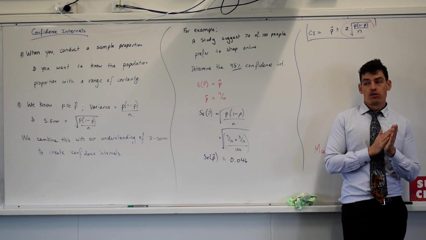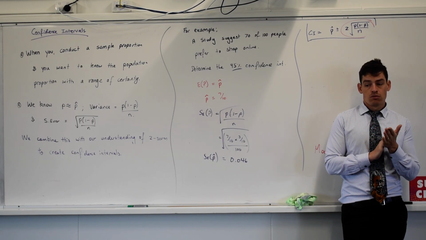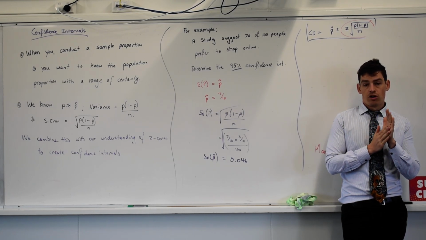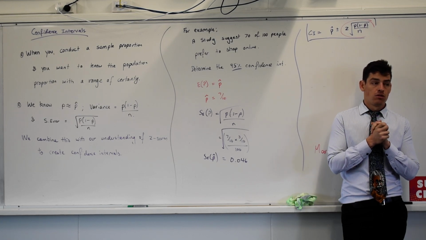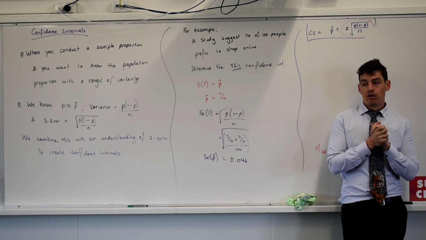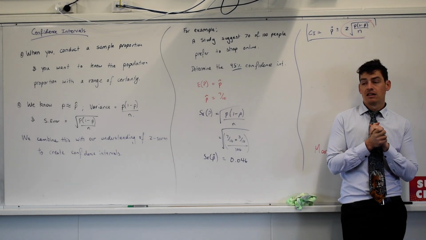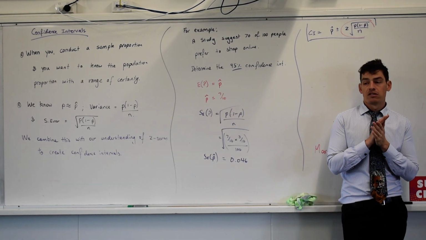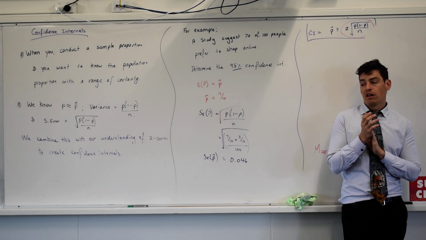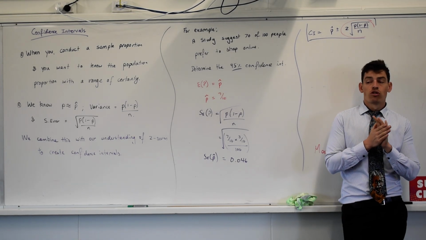What do we know about this normal distribution? Do we know an upper limit or a lower limit? Yes or no? We don't know an upper or lower limit, so we're not going to be using NCD. NPD is a complete waste of time. So what button are we hitting? Inverse normal, correct.